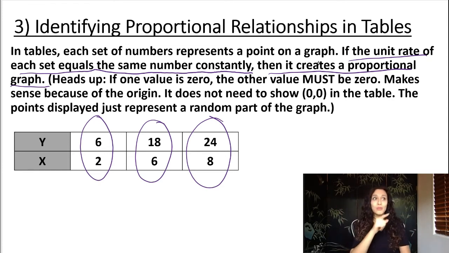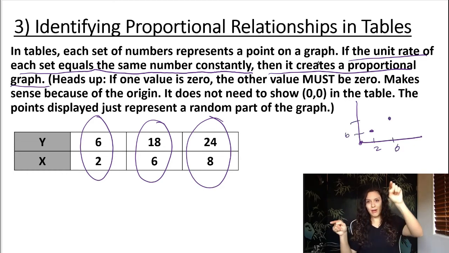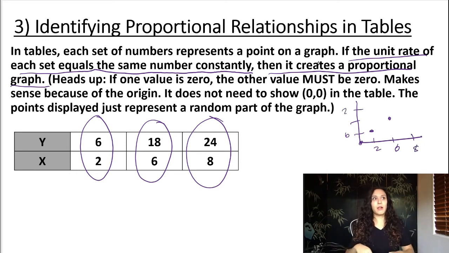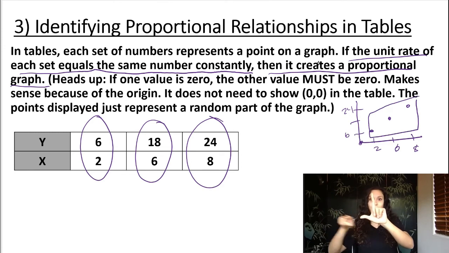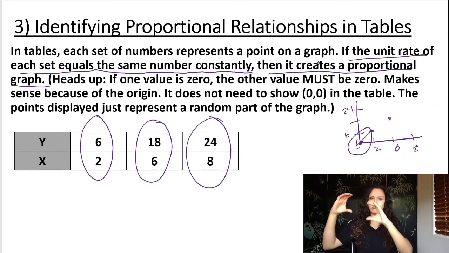That's not true, because when we show a graph, here's 0, 0, but the points given to us, like 2, 6, and 6, 18, and 8, 24, it may just be talking about this section of the line. It may not even include this section or this section, because it's only a section of it.